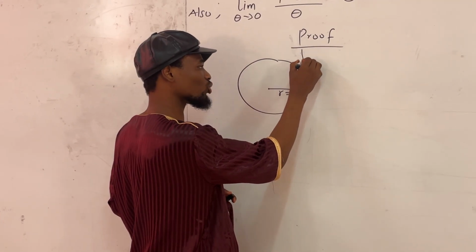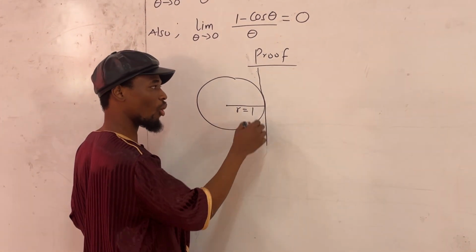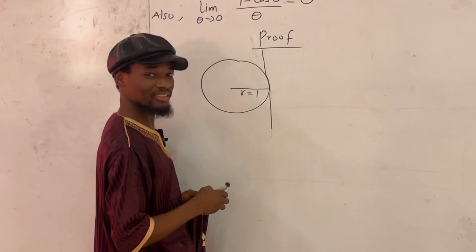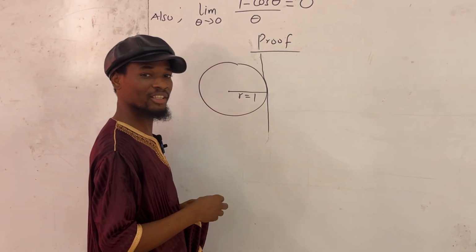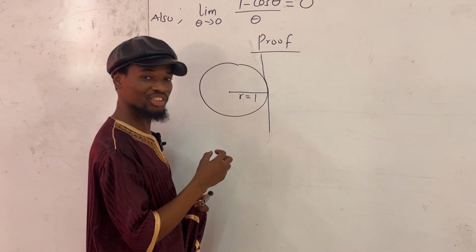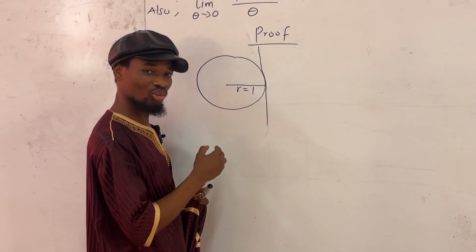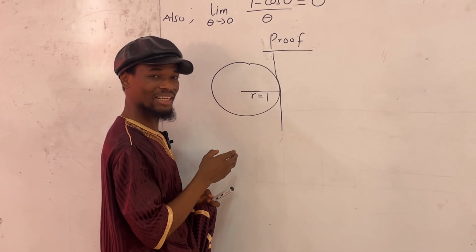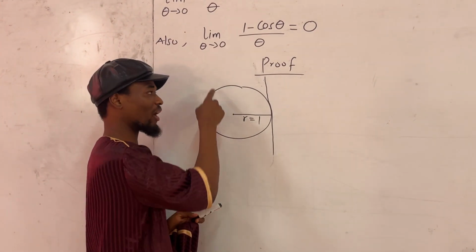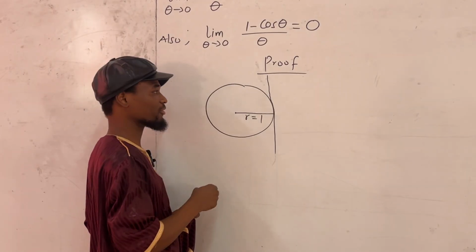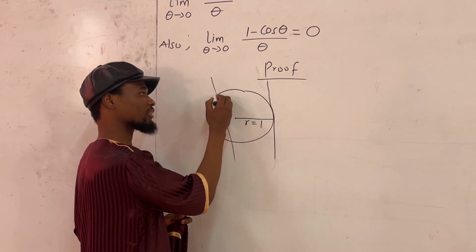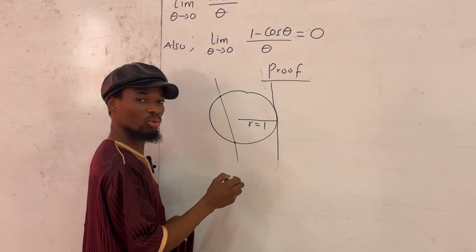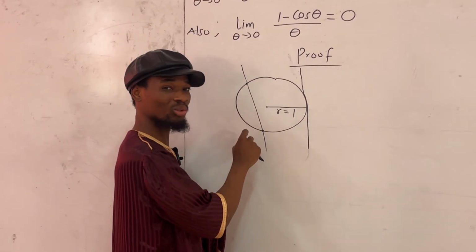A line that is drawn to touch a curve, or a circle, at one point only, that is what? A tangent. If you are new here, kindly visit my previous lectures on calculus, that's differentiation pertaining to tangent, normal, and gradient, all right? A tangent is different from a secant line. So if I draw a line to pass through this circle at, let's say, 2 given points, that is what is known as a secant line.